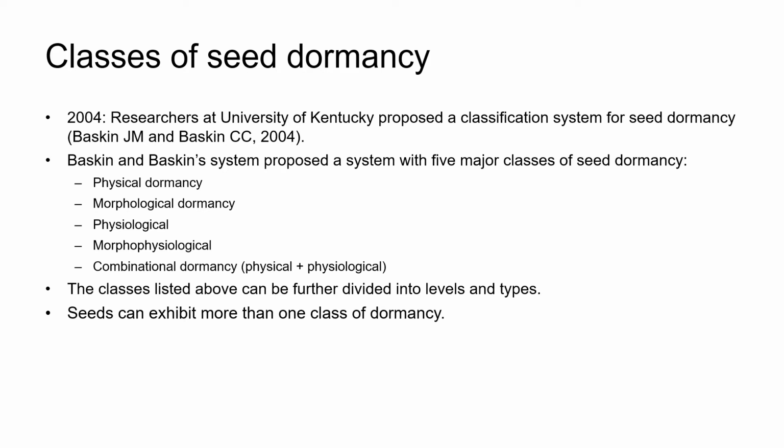Seed doesn't always fit neatly into just one of these classes and can exhibit more than one class of dormancy. We're going to take a quick look now at each of these 5 classes, and then look at some of the techniques we can use in the nursery and at home to overcome seed dormancy.